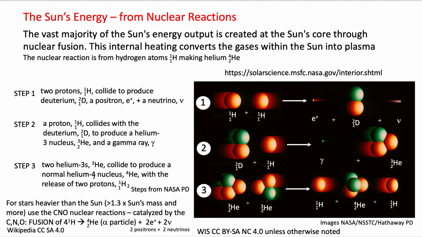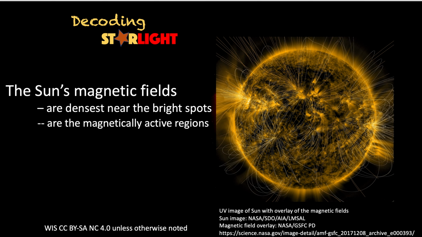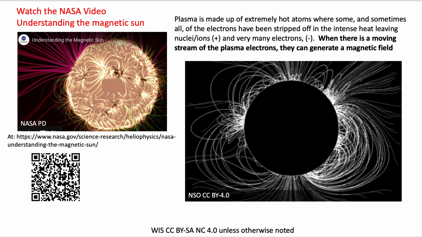And large amounts of energy and gamma rays, positrons, neutrinos also being produced at the different stages. And the sun also has magnetic fields. They're densest near the bright spots, which you can sort of see in the picture there, and they are the magnetically active regions. And there's a QR code there to look at a video. Another interesting picture where the actual light of the sun has been blocked out, so you can actually see the magnetic field lines.